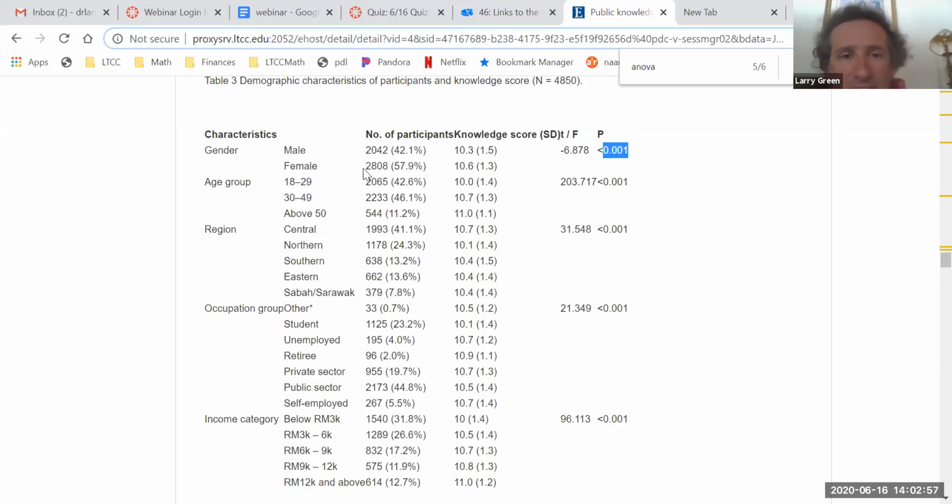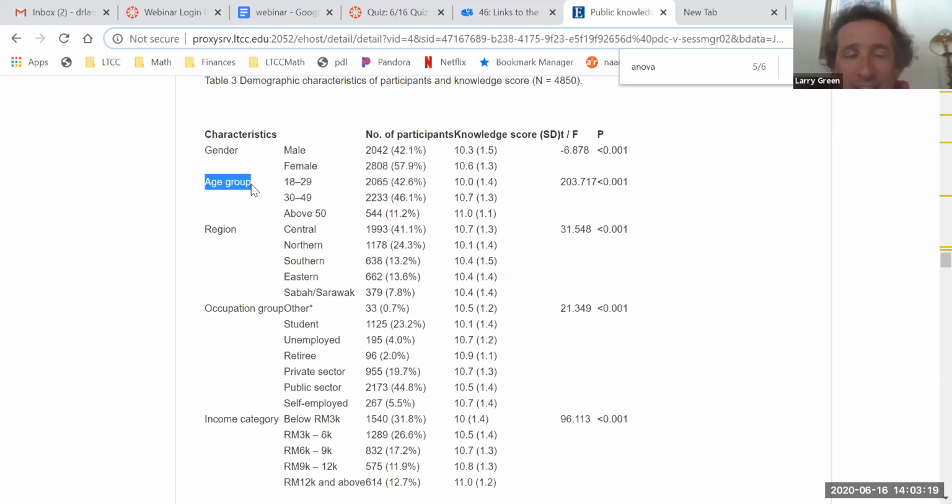Okay, what about age group? Can you do a t-test for age group? Yes. One more guess. Nope. No. And there's a reason. How many age groups are there? So many. Yeah, in particular, how many? 3.